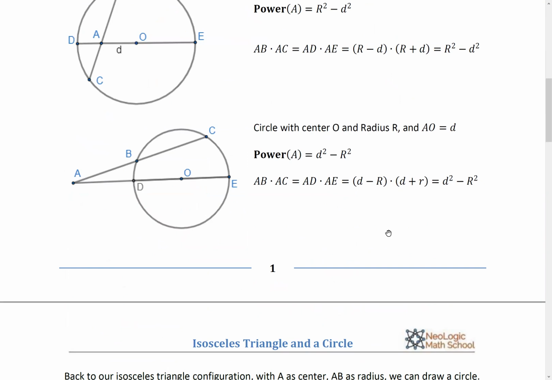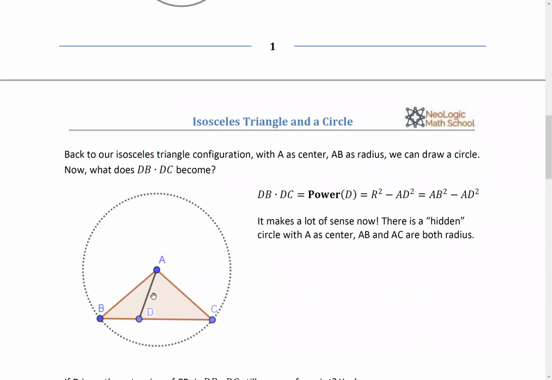If you draw a circle like this with A as center, AB and AC are both the radius, because it's an isosceles triangle. Now, what's the power of point D?